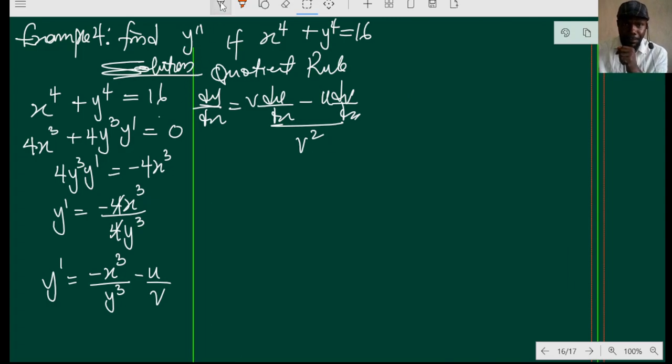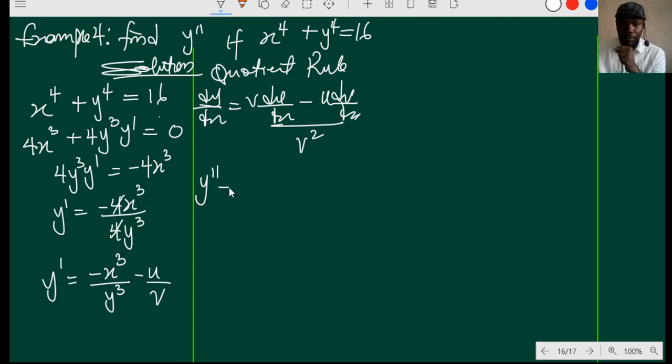So now, let's start differentiating. Our y second derivative, our v, you apply v, y cubed dot du dx, which is u, which is minus, you put a bracket, 3x squared, minus, what is your u?